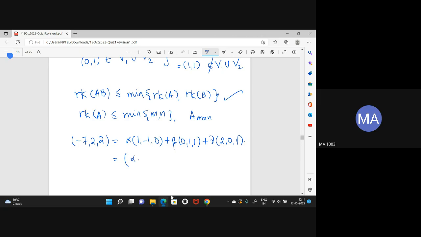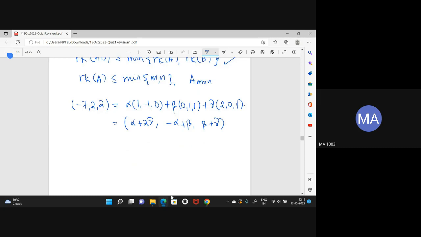So this is alpha plus 2 gamma, minus alpha plus beta, plus gamma, right? You are going to solve this system of linear equations. If you get a solution, fine.